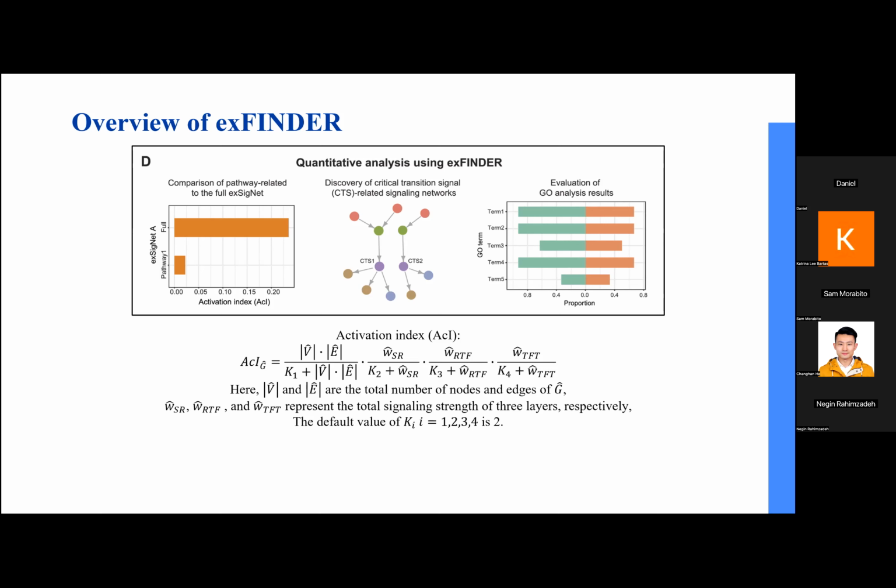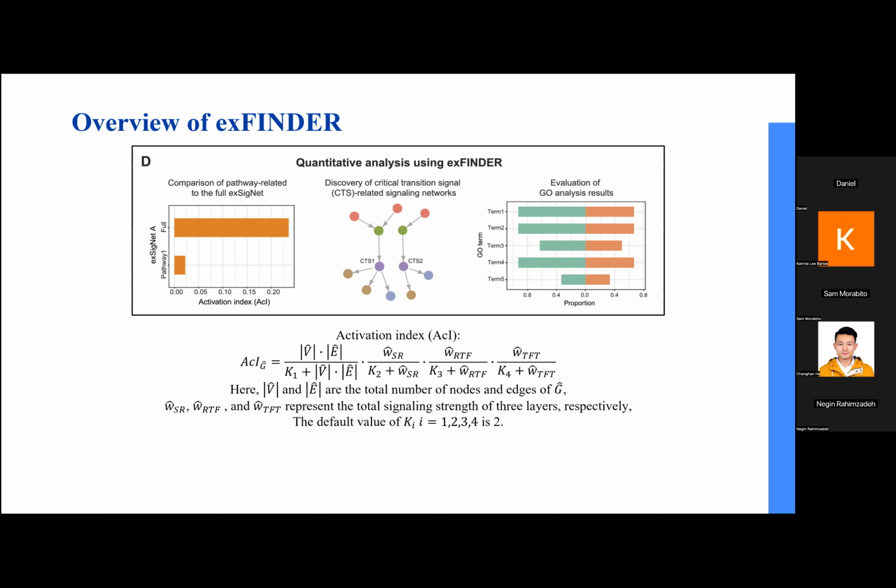One of the most important outputs from BioTIP is that it can return the important TFs corresponding to the critical transition, and then exFINDER can take this information and infer the signaling networks based on these critical transition signals, that is, these TFs. Then we can see how these important TFs work and what the target genes are that these TFs activate.